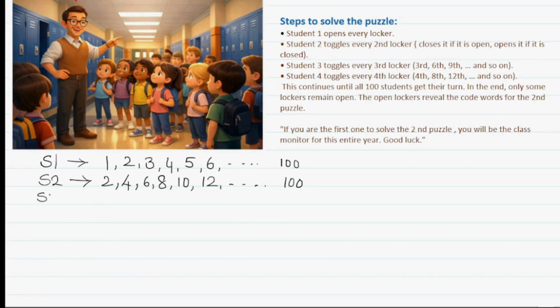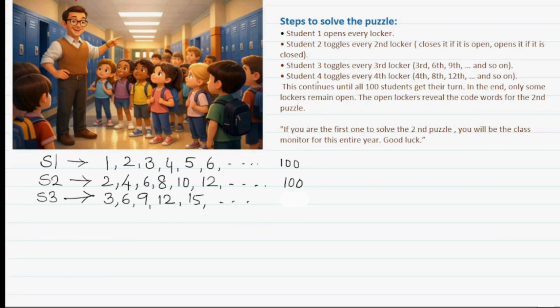Now student 3 toggles every third locker. If it is open, it should be closed. If it is closed, it should be open. So 3, 6, 9, 12, 15 like this. He has to go and search through all the 100 lockers.